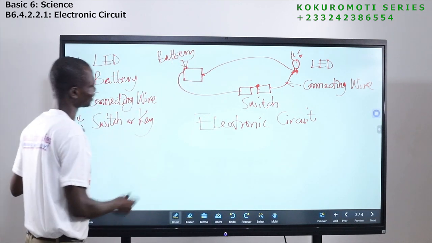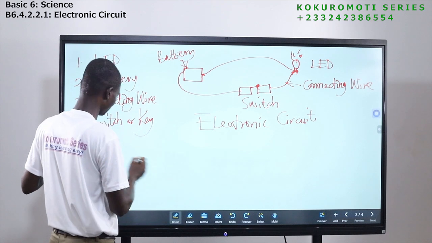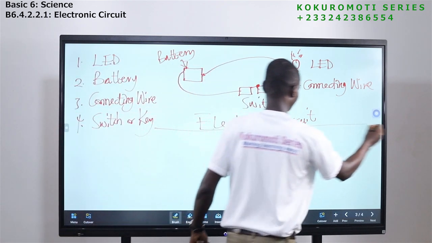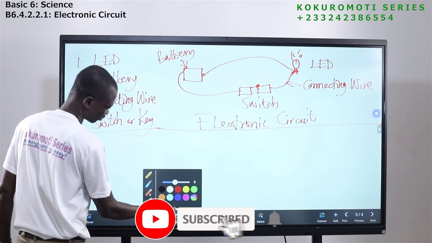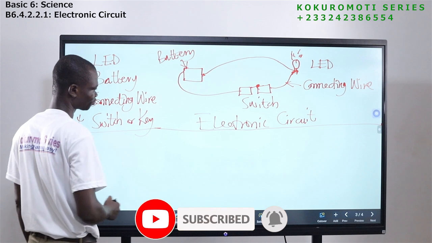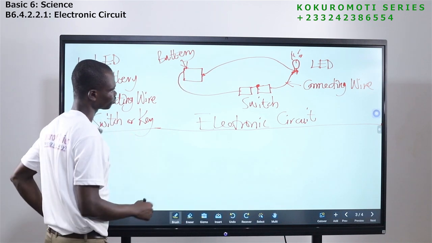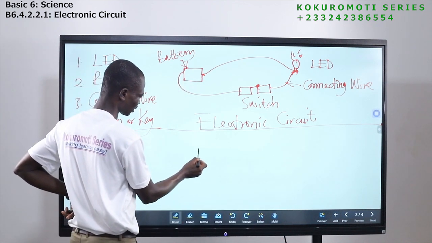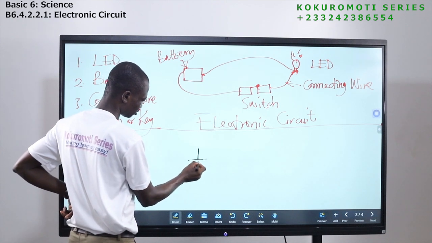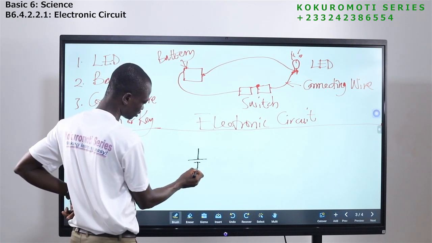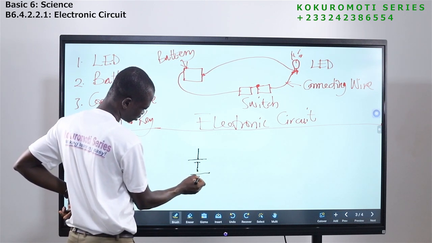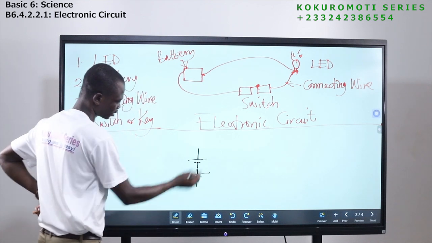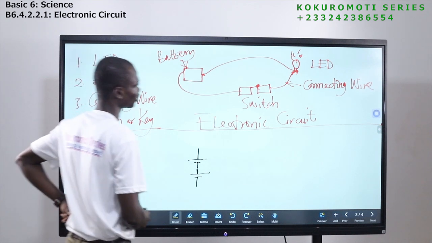Okay, so let's look at the battery. Let me divide the board into two. Let me pick a different color. Let me pick black. So this is how batteries are drawn. So this is your battery. And then what again do we need?